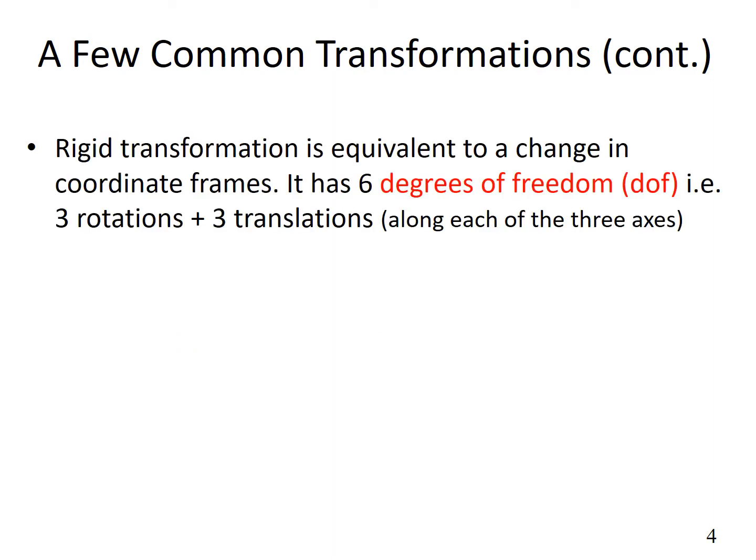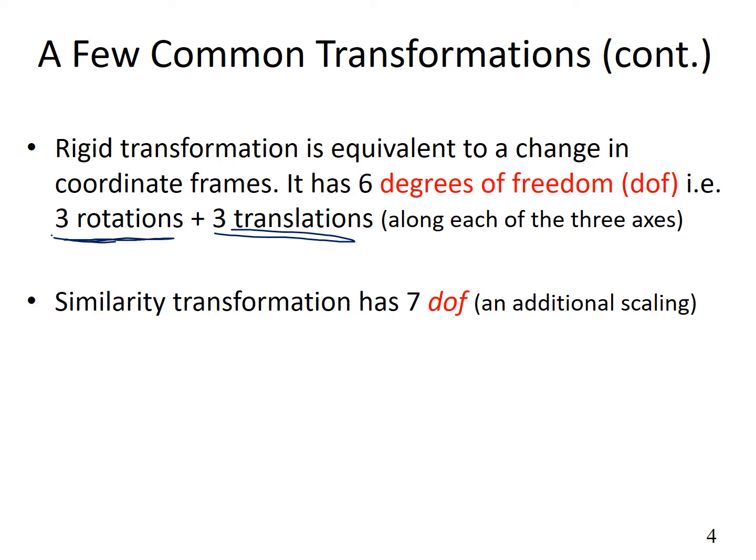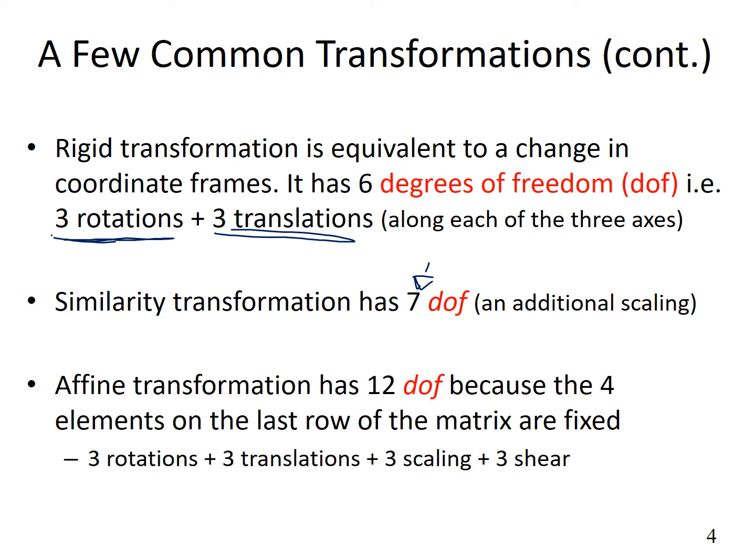Rigid transformation is equivalent to a change in coordinate frames. It has 6 degrees of freedom. 3 rotations, 3 translations, 1 each along the 3 axes. A similarity transformation has an additional degree of freedom, hence 7 degrees of freedom. The additional degree of freedom is scaling equally in all 3 dimensions.